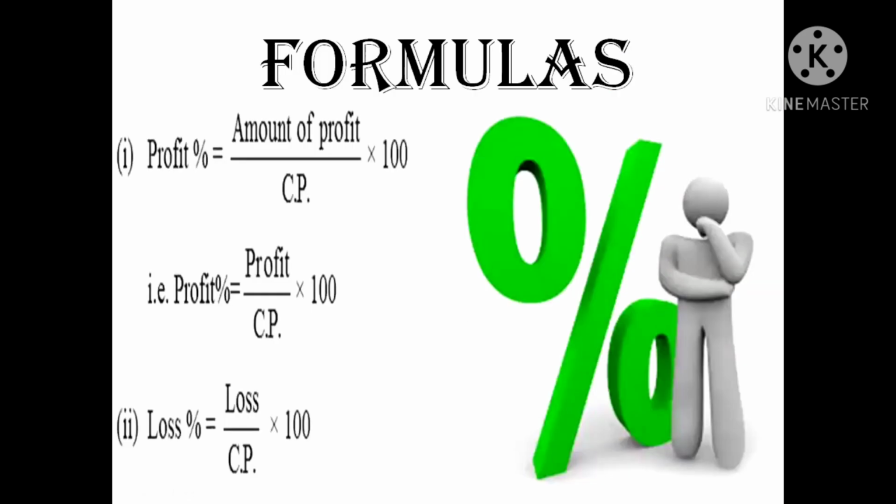Formulas. You must remember these formulas. Now we can easily calculate profit and loss. If we have to calculate profit percent or loss percent, we just have to remember this formula. Profit percent is equal to profit upon cost price into 100, and loss percent is equal to loss upon cost price into 100.